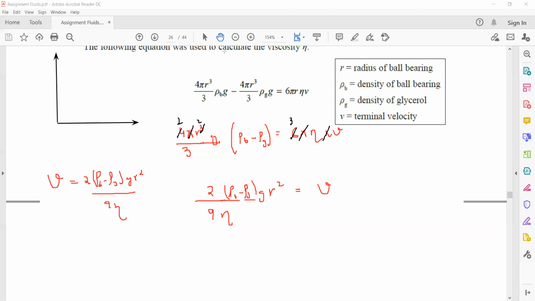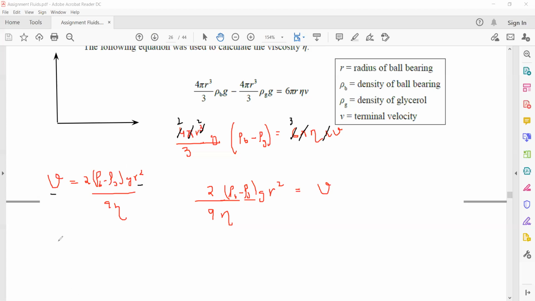Density cannot be changed, gravity you cannot change, gravity changes with altitude, but you are not the one who can change it. Same thing, the viscosity at a certain temperature is also constant. So the only thing we can change is the radius, and when we change the radius, the terminal speed will also change. So these are the two things we can plot a graph of.